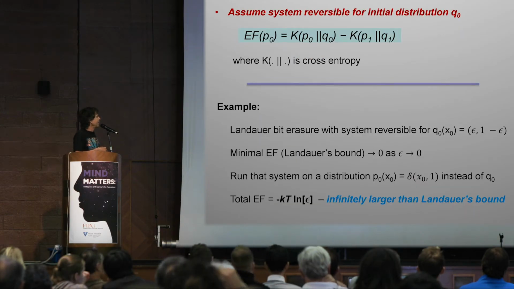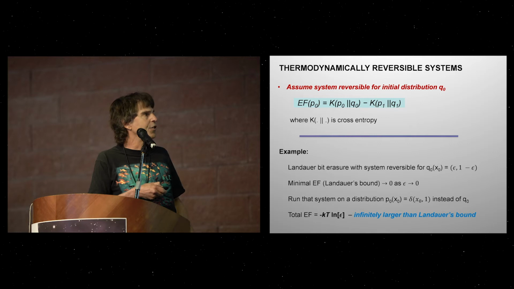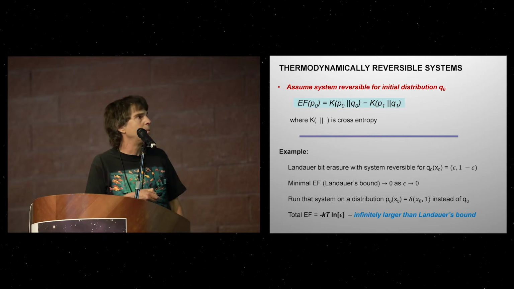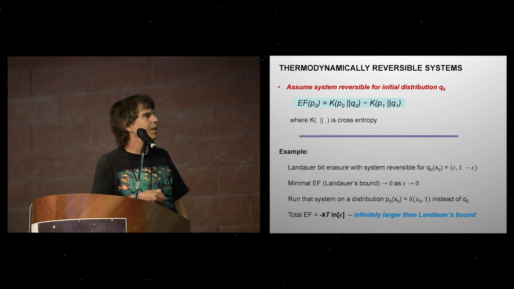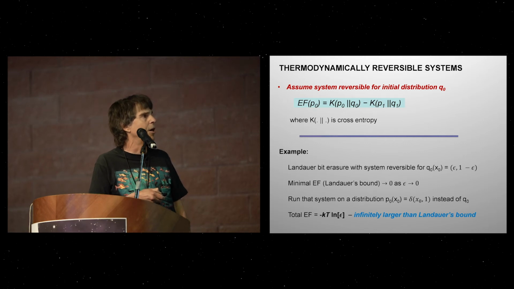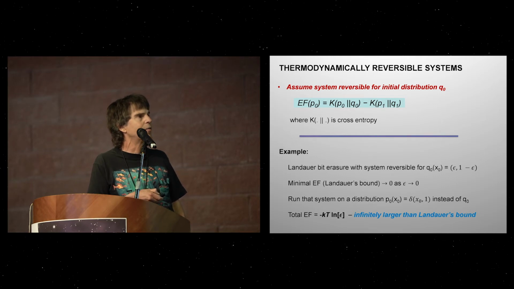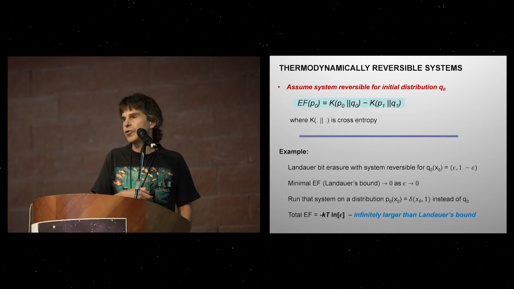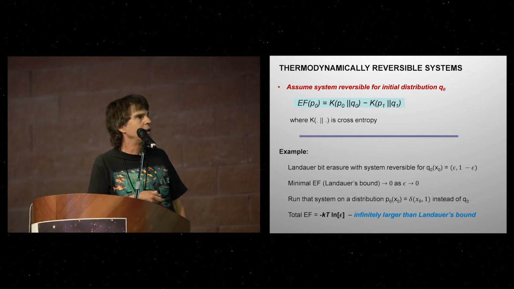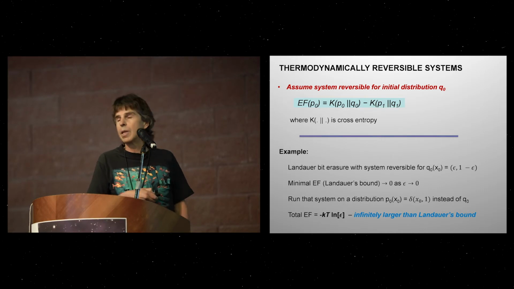Okay, so to give an example that makes this a little bit pointed, let's go back to Rolf Landauer's brilliant little version of a simple harmonic oscillator, bit erasure. Let's say we're doing bit erasure and we designed our system to be thermodynamically reversible, not for a uniform initial distribution, which is what would give you KT log 2, but instead for something a little bit asymmetric.